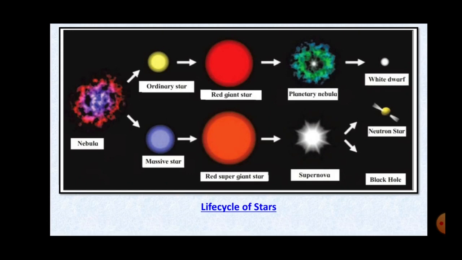Whatever objects are nearby are attracted towards the star, and the light stops coming out of it. It is not reflected, and thus we cannot see the star at all. Instead, the end stage is called a black hole, because we are only able to see the black hole. So this is all about the life cycle of the star.